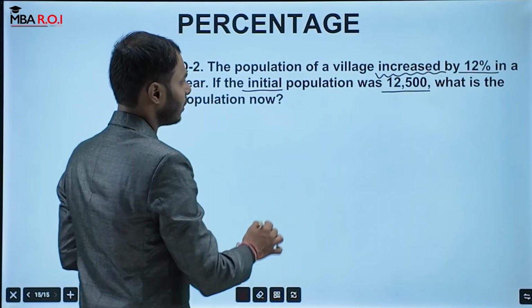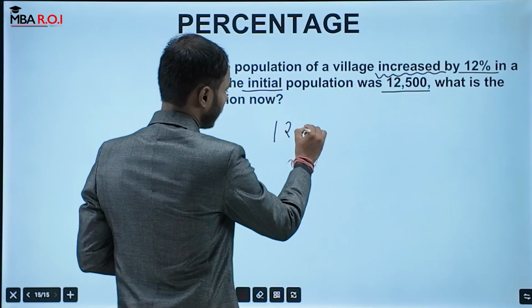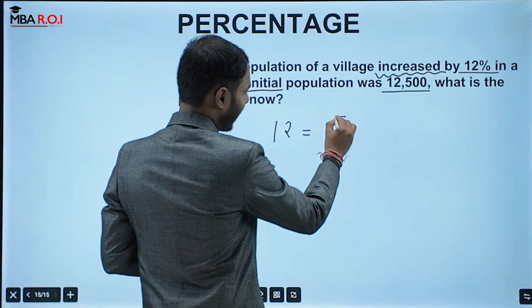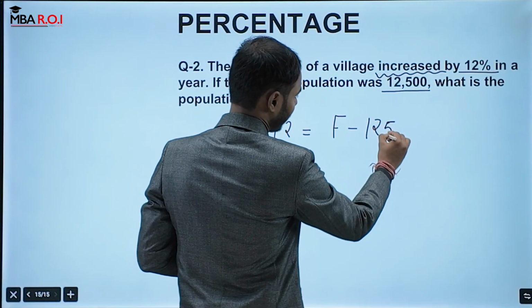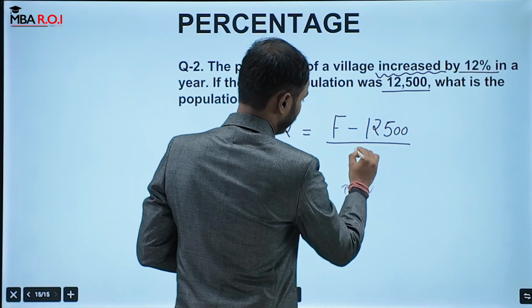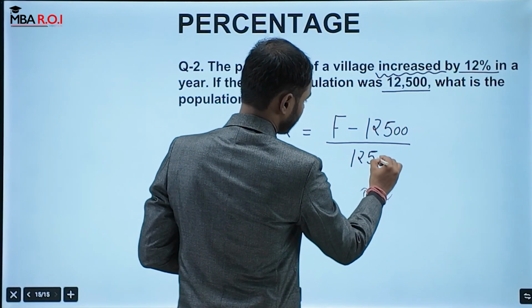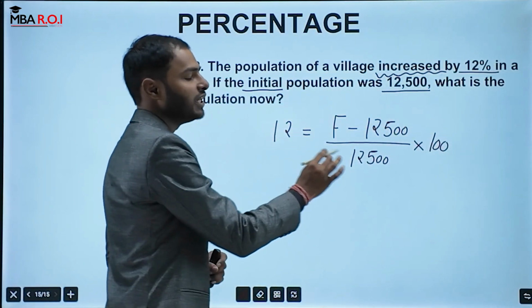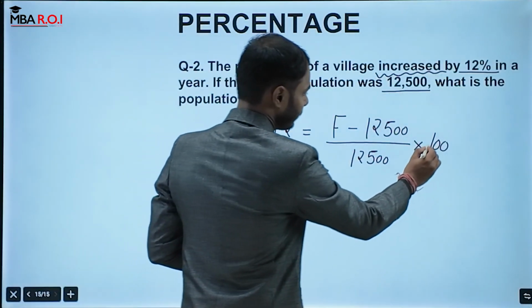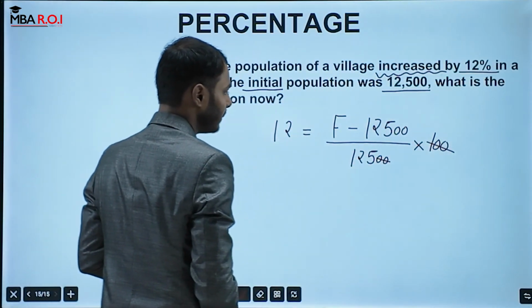So how can we use the formula? We can say that 12 is equal to final value, which I don't know, minus initial value, which I know is 12,500, divided by 12,500 into 100. So final minus initial upon initial into 100. We can simplify this. So this 100 and these two zeros will be cancelled.